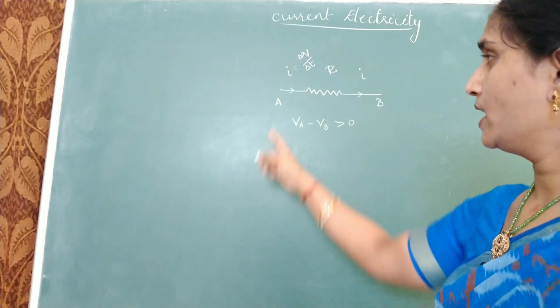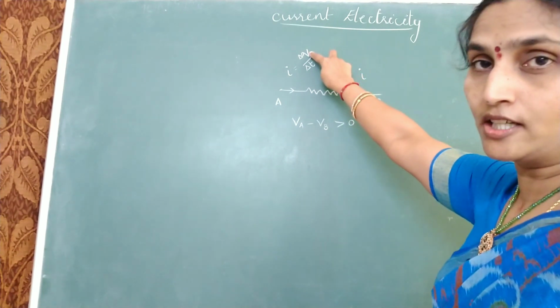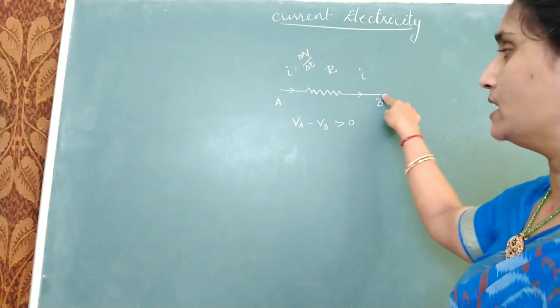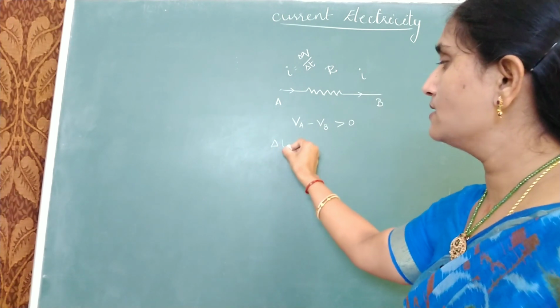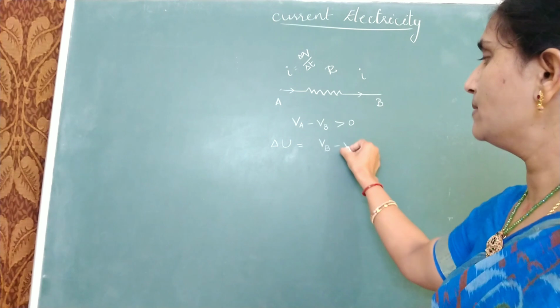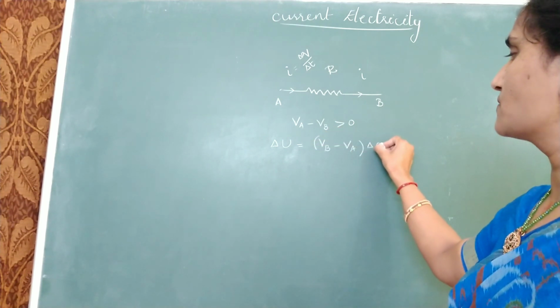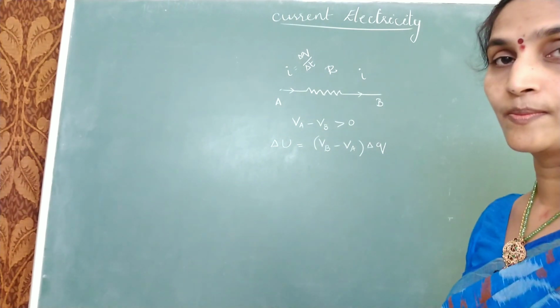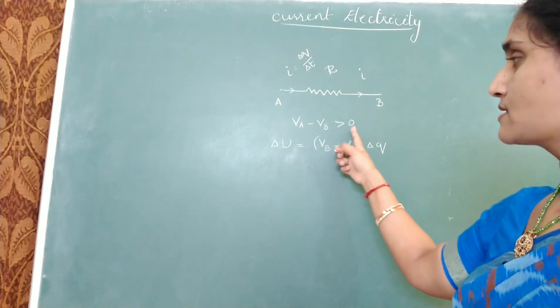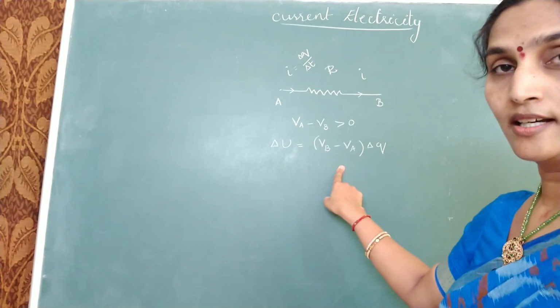Now if I evaluate the change in potential energy in moving a charge delta Q from A to B, what will be the change in potential energy? Final potential energy, that means VB minus VA, into the charge which you have transferred, that is delta Q. Since VA minus VB is greater than 0, VB minus VA will definitely be less than 0.